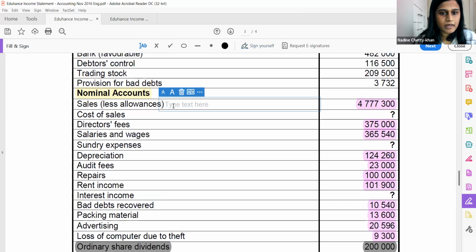Let's say we call sales X. We don't know what sales is. Then we know that the trade discount was 297,200. And then after we subtracted that amount, we got 477,300. Happy?